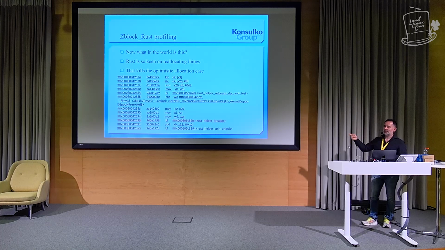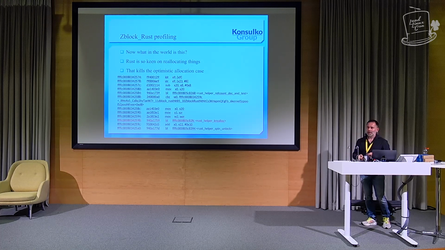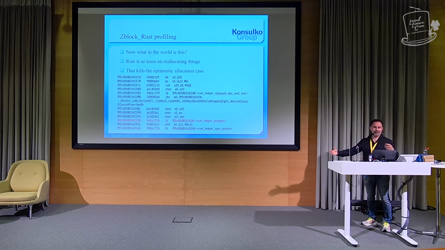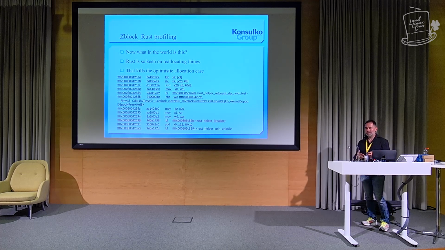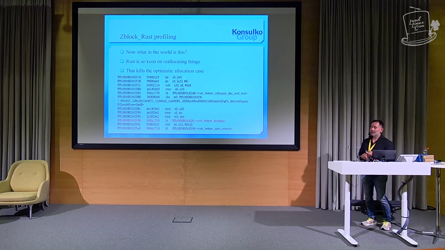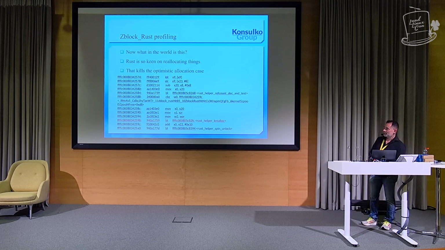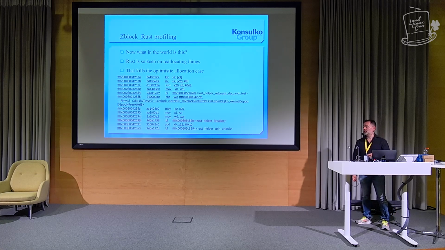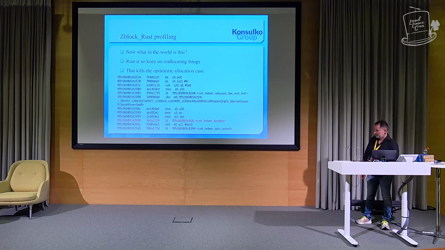Vectors seem to be nice, but if you use it as a stack and if you grow it, then there will be a reallocation, and these reallocations don't seem to be very optimized in the existing implementation of KVec in Rust. So one of the things that we had to do was to go back to linked lists.